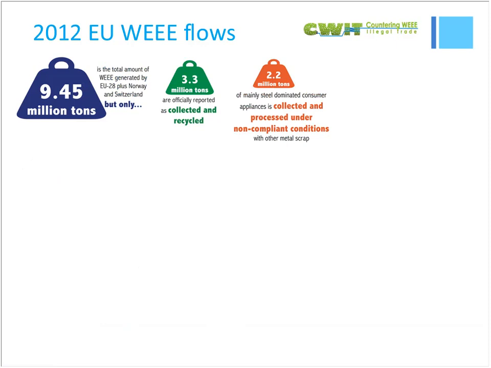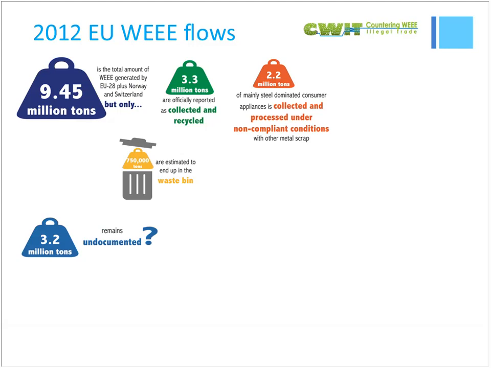So think about a lot of large household appliances, metal-dominated products, still going, for instance, to car shredders or other metal scrap recycling facilities. About 750,000 tons are going in the waste bin. Here there's a lot of environmental value and resource value at stake. And that basically means that the statistics for Europe end here, with 3.2 million tons not documented, lacking any statistics.